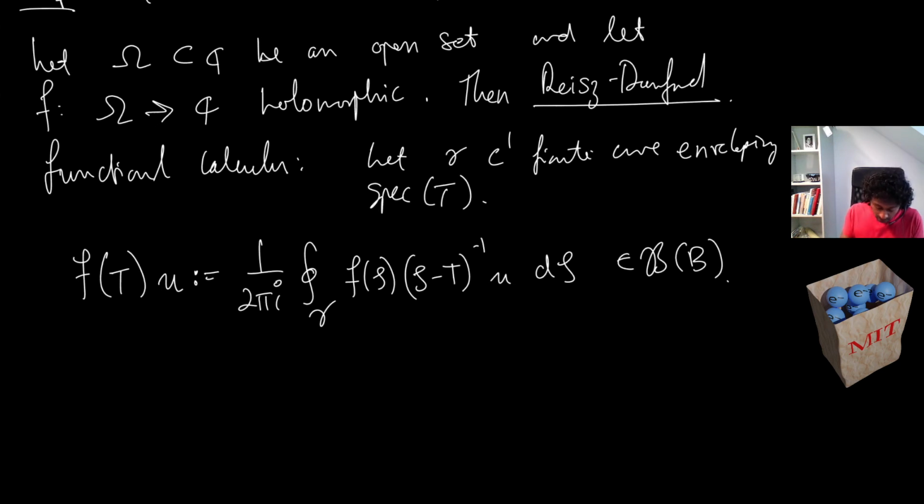So if we take the norm of this operator, it's going to be bounded by the length of this curve, and f is a holomorphic function, so it's going to take a finite value on the curve. And of course the resolvent is also a holomorphic map, remember? That was the first thing I said. So that also attains a maximum along the curve. So this is a bounded operator.